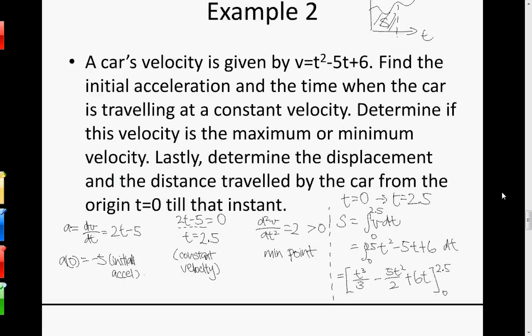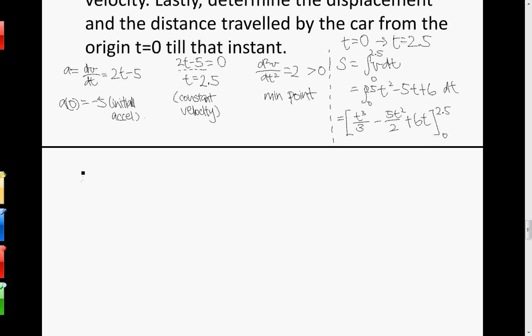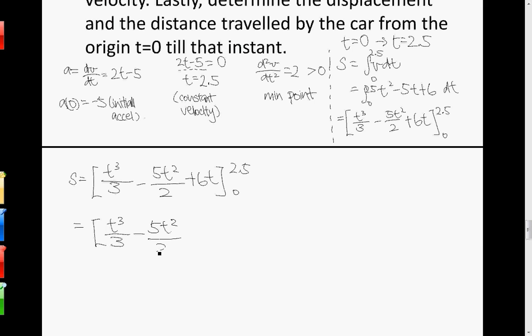So let me just pull down the page a little. And by right, what I have to do is, let me just copy this: t cubed over 3 minus 5t squared over 2 plus 6t, from 0 to 2.5. So I cannot just sub in 0 to 2.5 over here because it will be wrong. What I have to do is take note that 2 is a minimum point, and so from then onwards the signs will actually change.